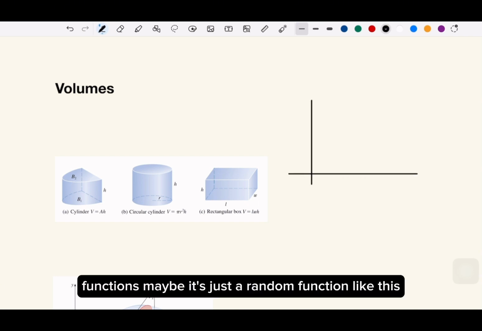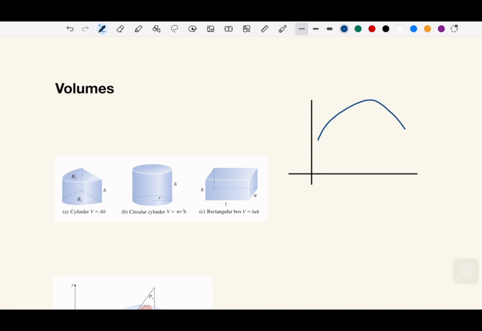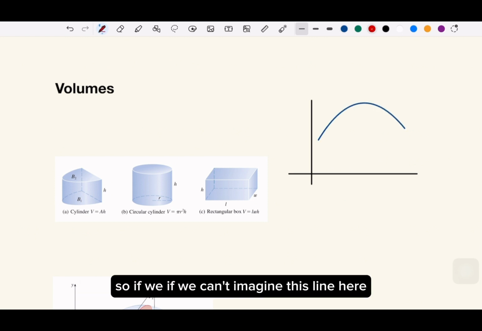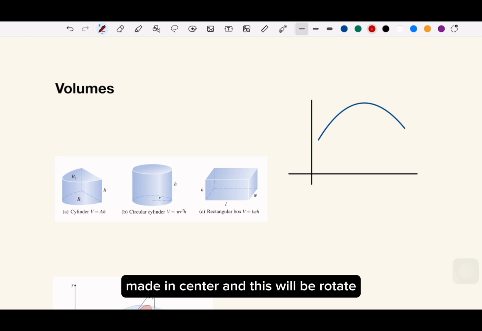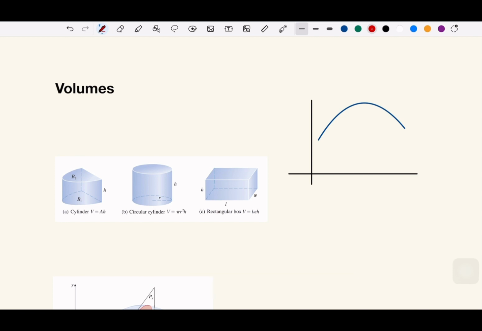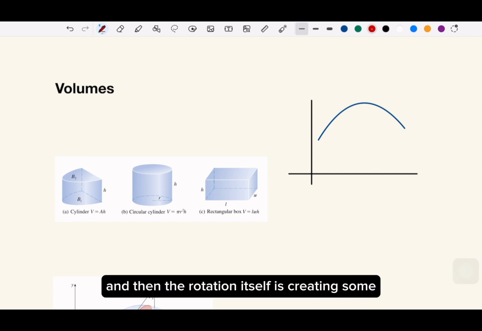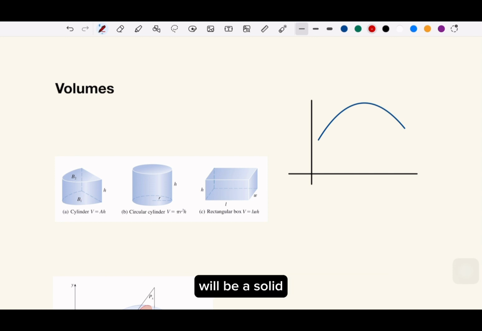functions, maybe just a random function like this. Imagine this line here is rotating with the x-axis as its center. The rotation itself creates a shape, and if we imagine the whole thing inside, the area under the curve, it will be a solid.